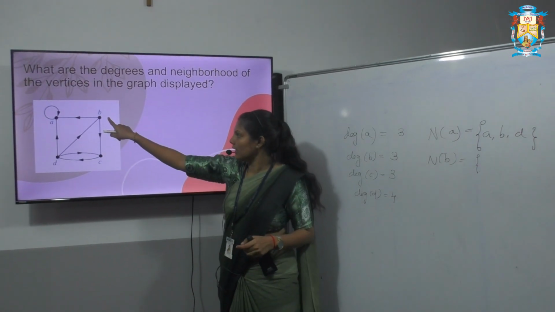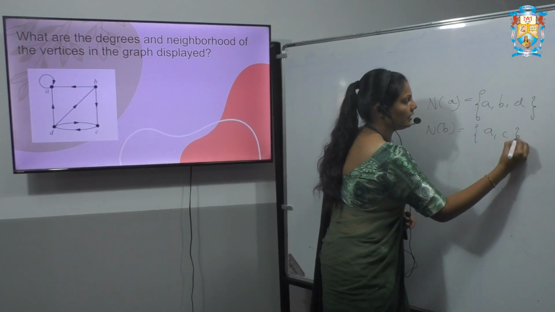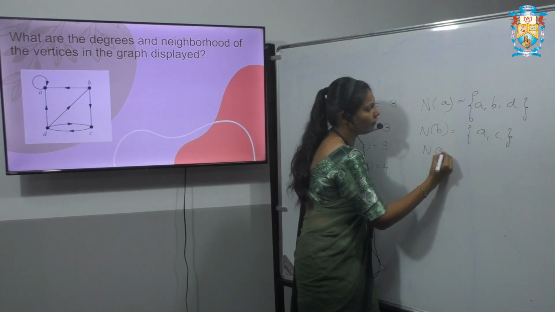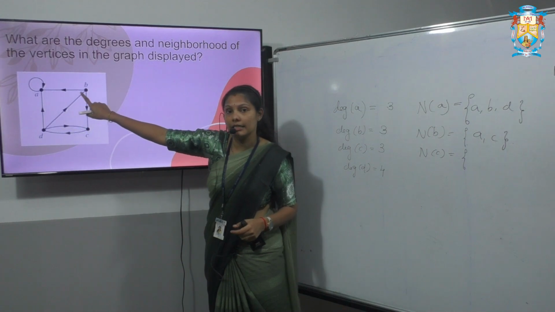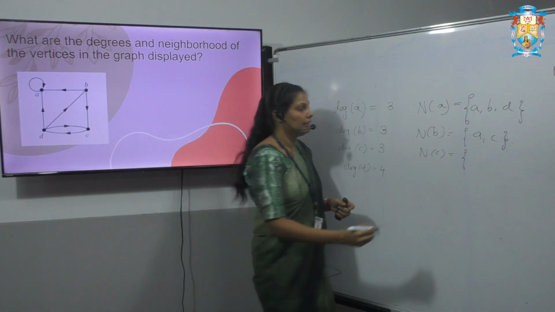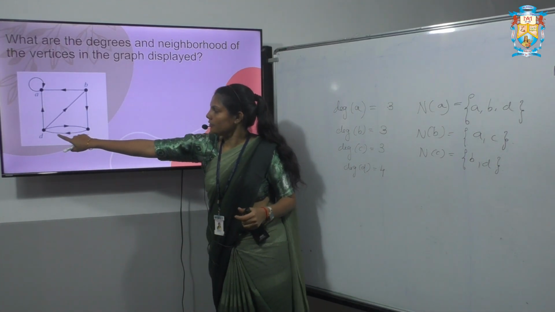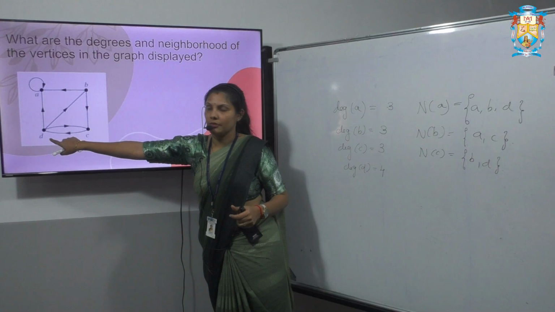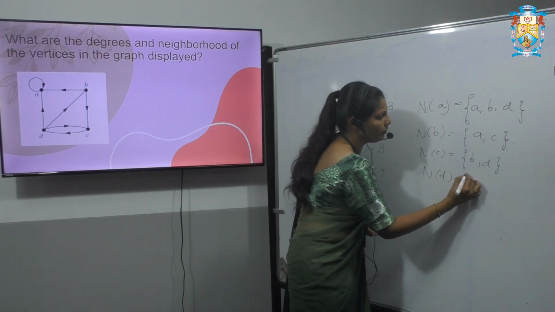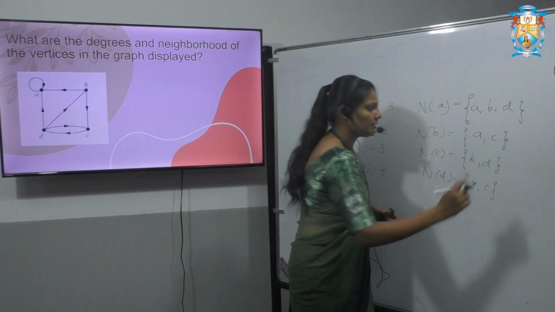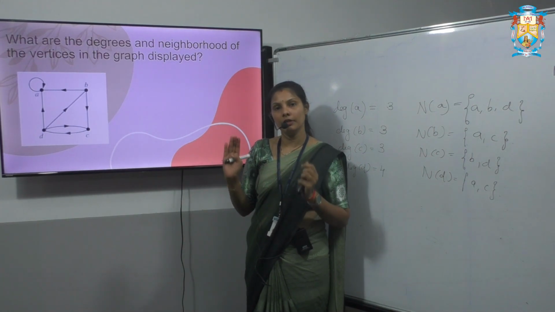Here the adjacent vertices are A and C. So we write A and C. Next N of C. For the vertex C we have to see which are the adjacent vertices, that is B and D. Next we have to see which are the adjacent vertices for D, that is A and C. So N of D is equal to A and C. This is regarding the degree of a vertex and the neighborhood of vertices.